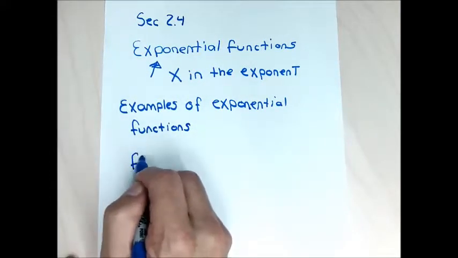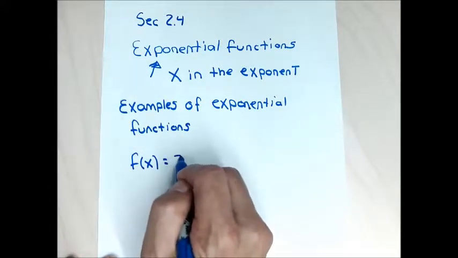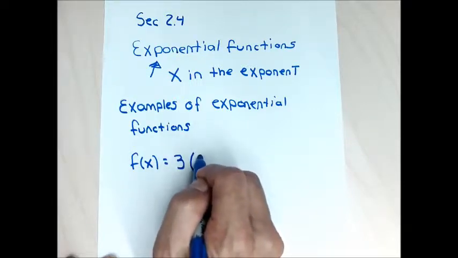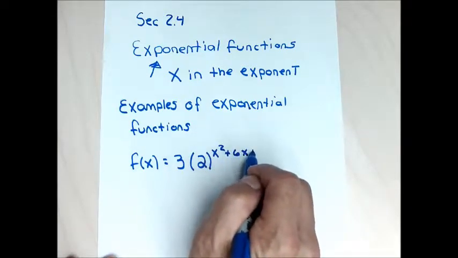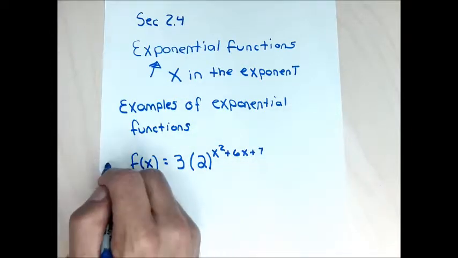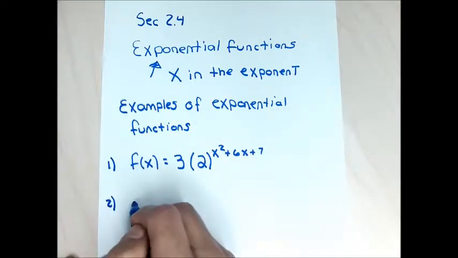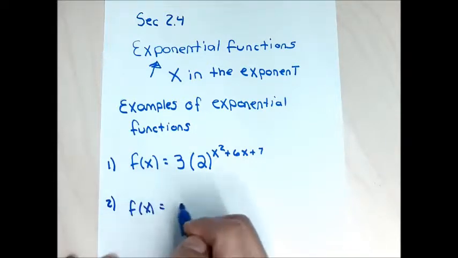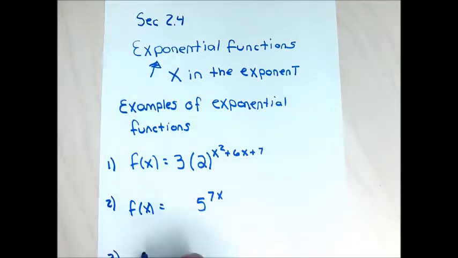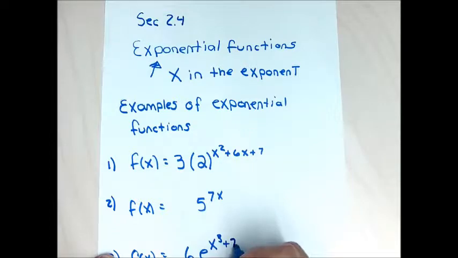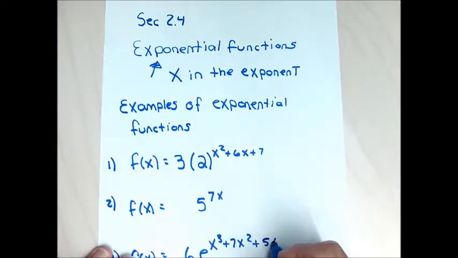Maybe like f of x equals 3 times 2 to the x squared plus 6x plus 7, or f of x equals 5 to the 7x, or f of x equals 6e to the, how about x cubed plus 7x squared plus 5x minus 4.